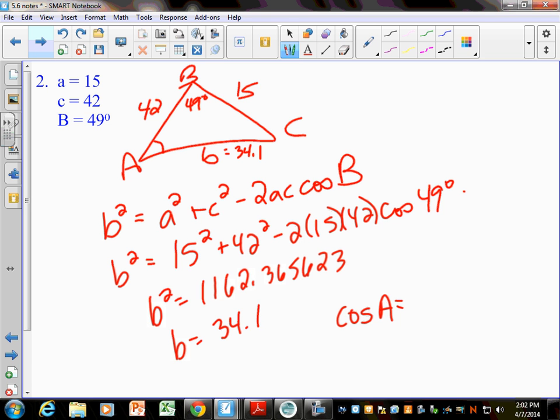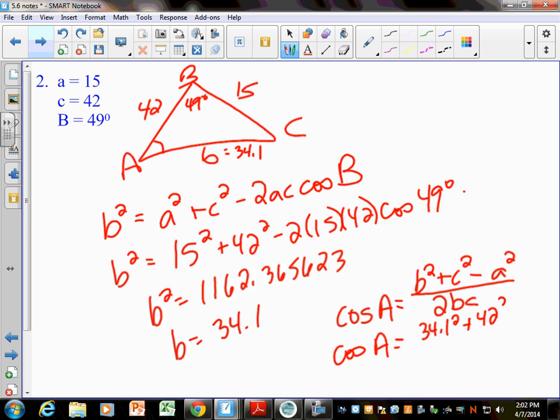Cosine of A is going to equal the other two sides squared, so that would be b squared plus c squared, minus the side that goes with that angle, minus a squared, over 2 times the other two sides. 34.1 squared plus 42 squared minus 15 squared over 2 times 34.1 times 42.